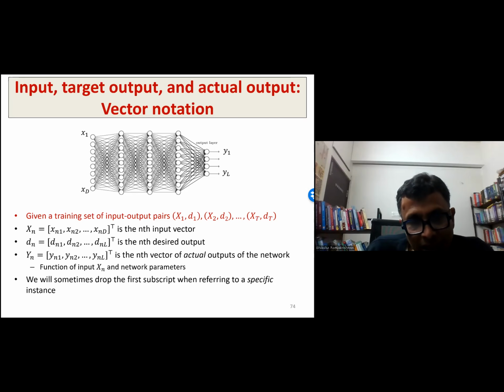But then you have to consider three things: the input, the target output, and the actual output. Corresponding to each input, there's also going to be an actual output, which is a vector of the same size as the target output. I won't go over what the superscripts and subscripts are. You can look up the slides, but is the basic concept coming across?